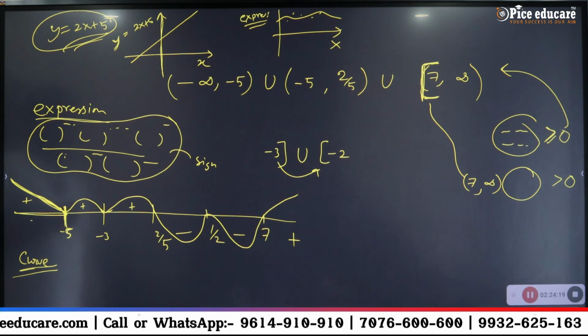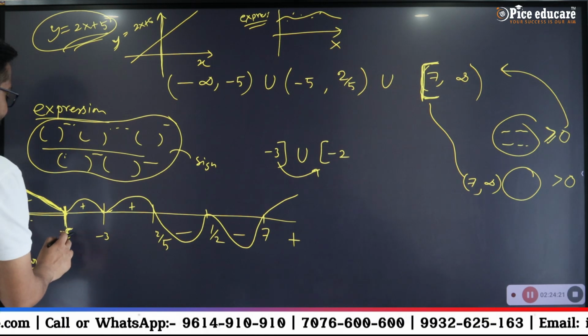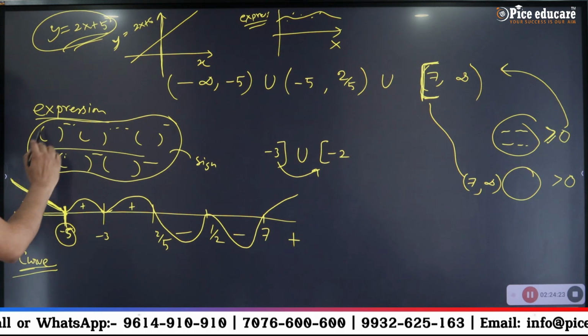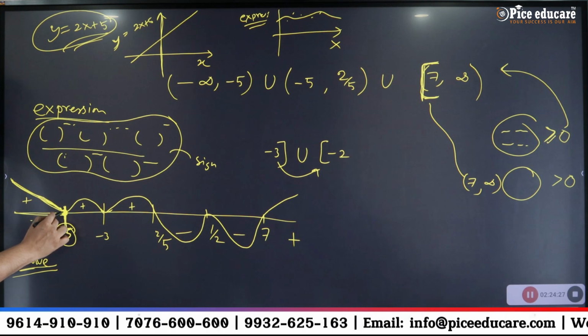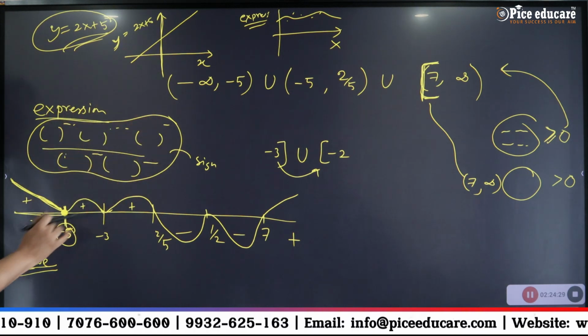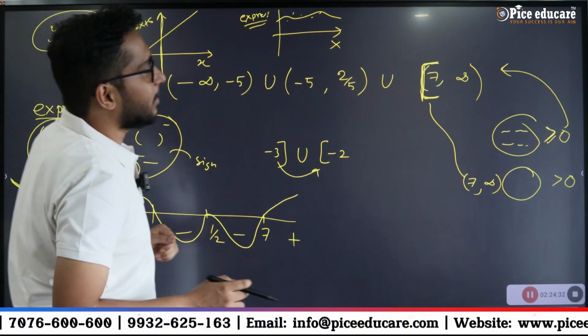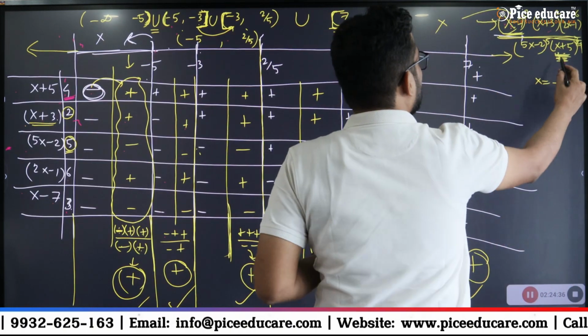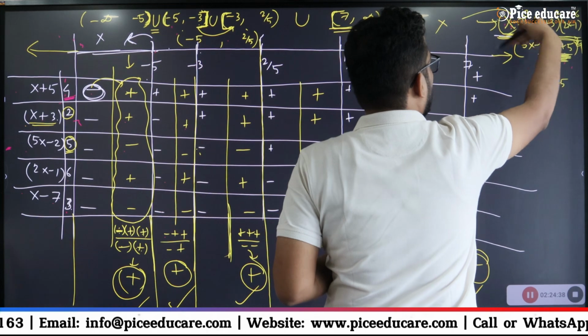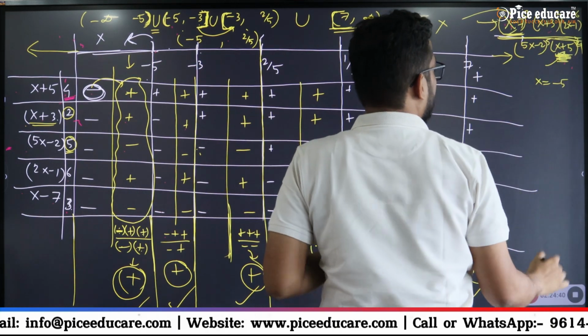Please don't think that at x equal to minus 5 the value of this expression is 0. That's why I told you that this is not the graph of this expression, because at x equal to minus 5 we know that 0 is never the value of this whole thing, because 0 is here. So it's a problem.